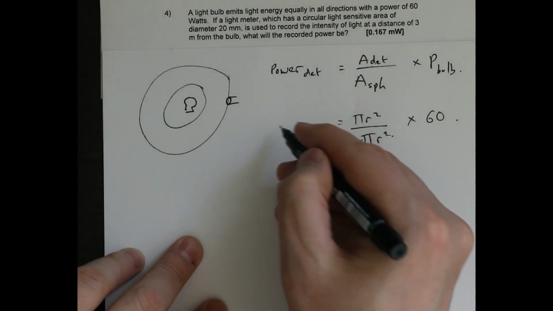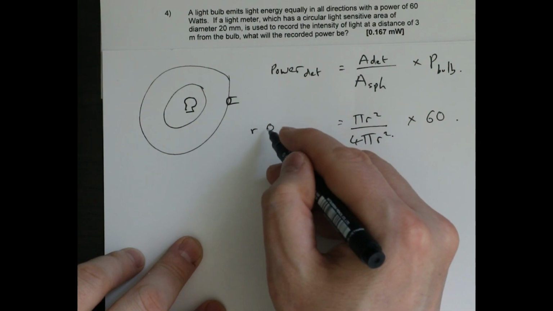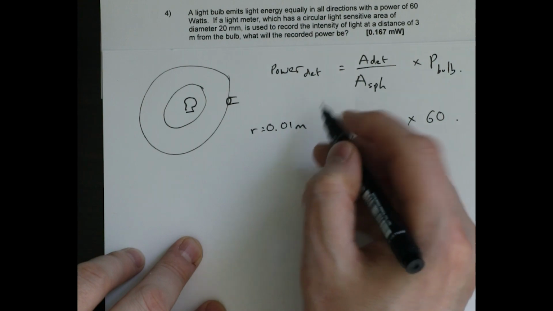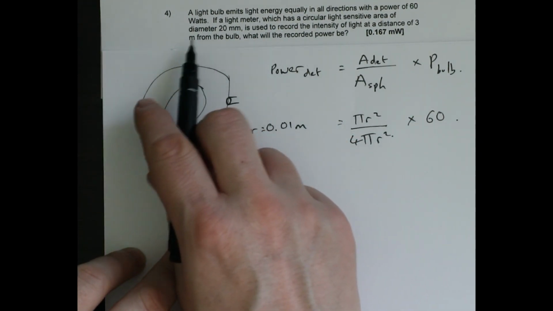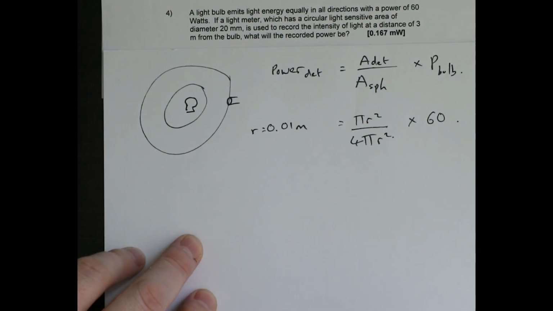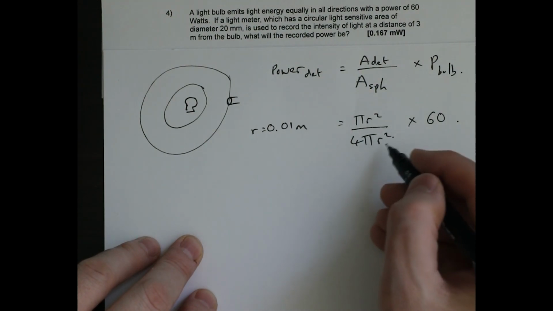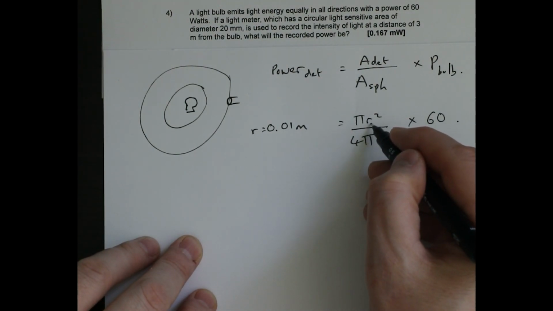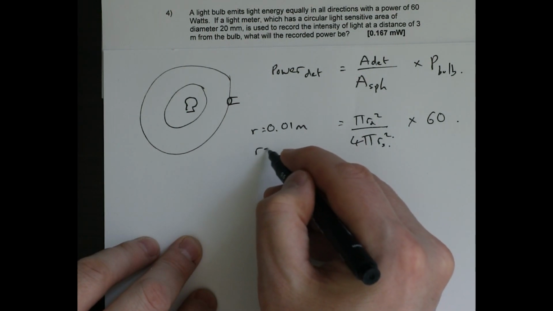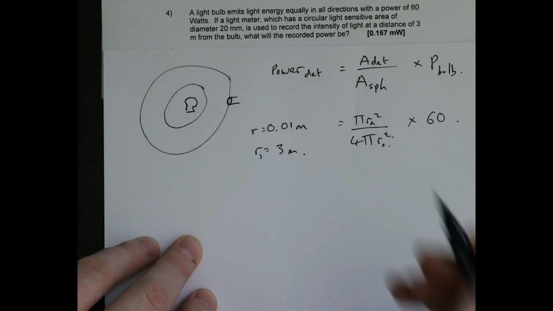Okay, so we put our values in. The radius of the detector is going to be equal to 0.01 meters, because we're told that the diameter of that is 20 millimeters. 20 millimeters is 0.02 meters, so the radius is 0.01. Then for the bottom part, RD and RS, the radius of the sphere is going to be equal to 3 meters, because that's what's given in the question.